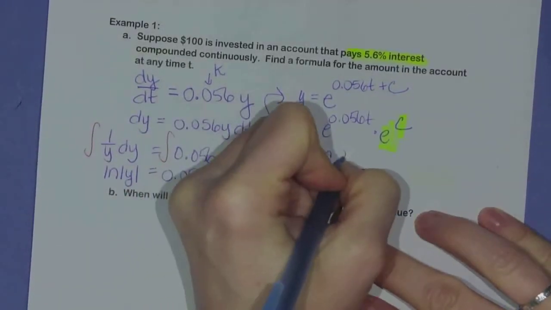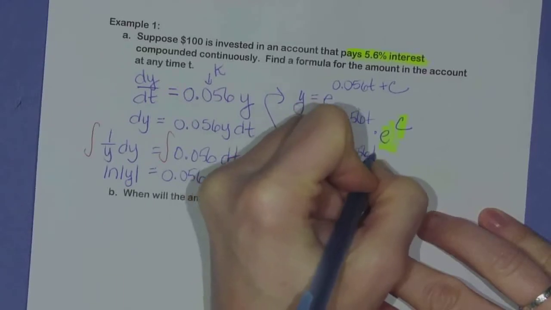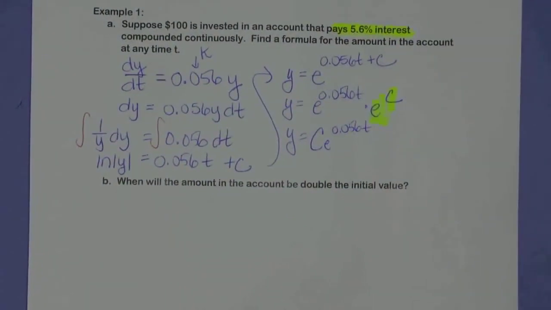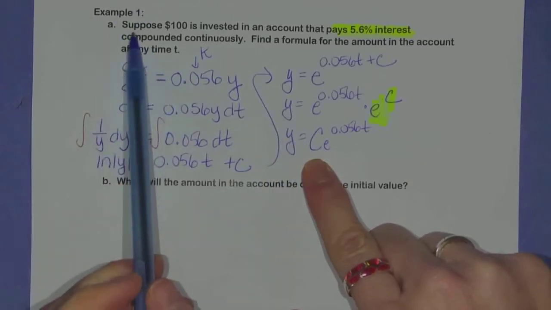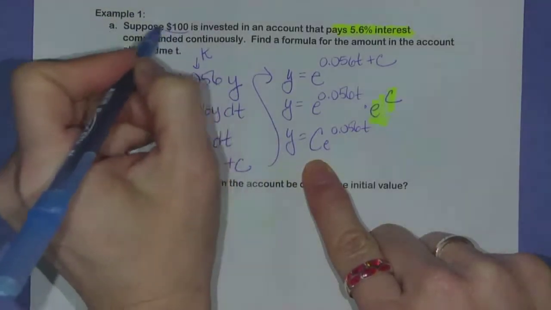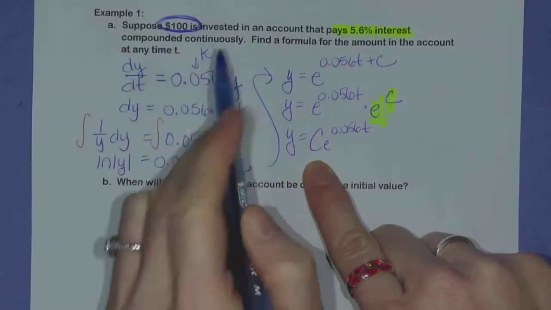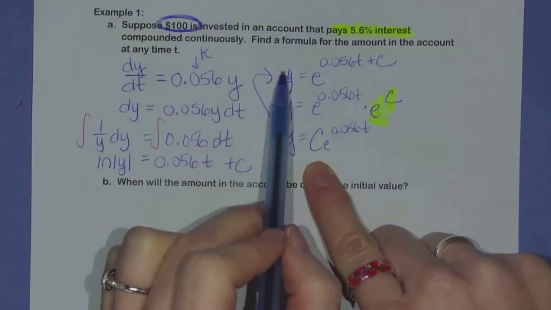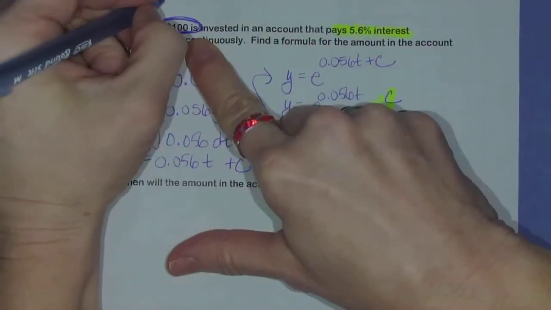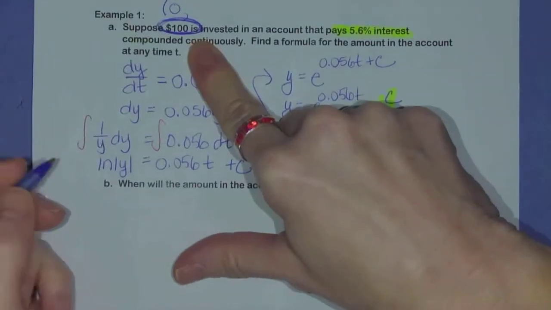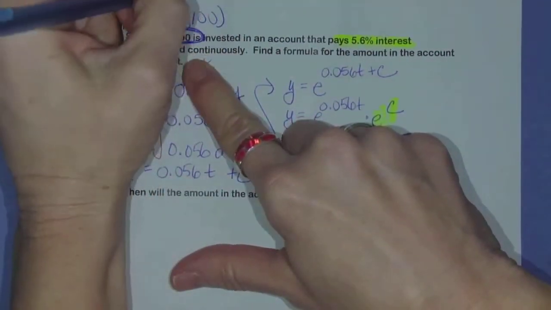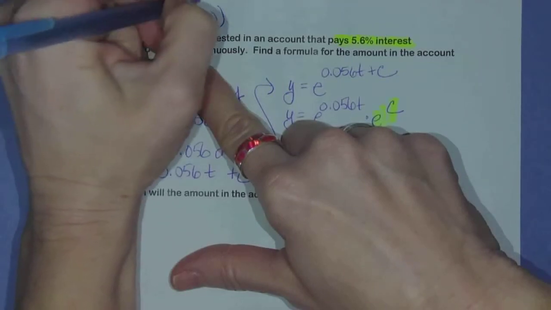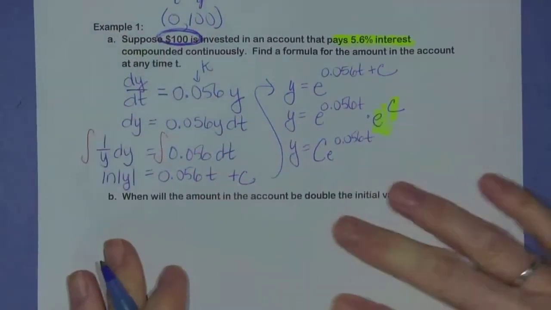And the rest comes along. And now I need a point to plug in to find my C. So I'm going to look back here. It said suppose $100 is originally invested. So that means that at time 0, when the account was opened, we opened it with $100. So this becomes my t and my y.